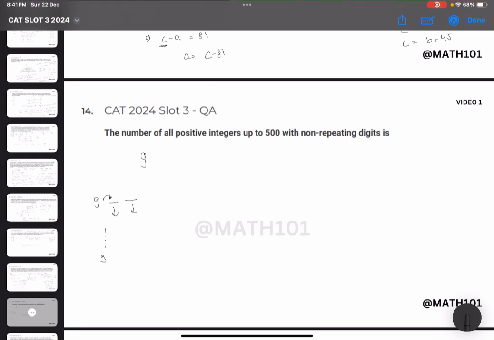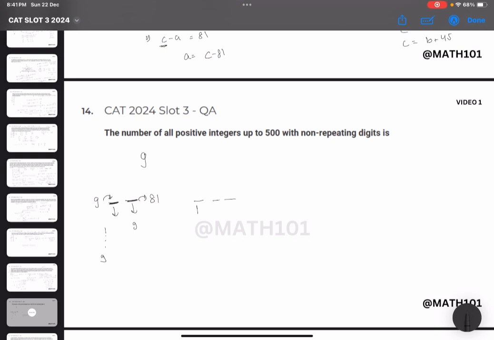The units place can include 0, because 0 cannot be in the tens place but 0 can be here, and excluding the digit which is already placed on the tens place, we are again left with 9 choices. So there are 81 such 2-digit numbers which don't have repeating digits.